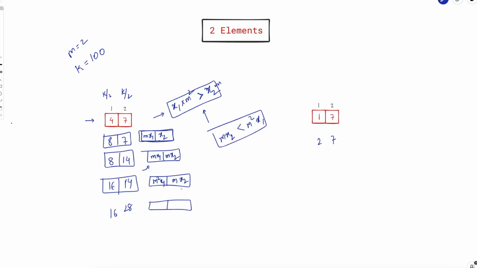And because of this, you know that this one will be smaller and you will be multiplying m to this one now. And once you multiply m to this one, again both x1 and x2 are multiplied by m square. So whichever was smaller initially would be smaller now, and you will simply apply the operation on that one again.